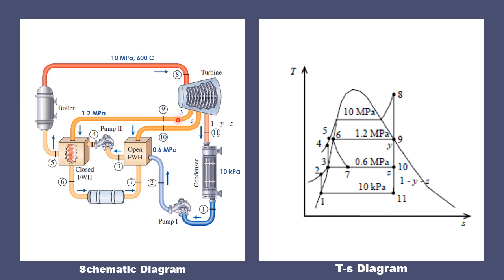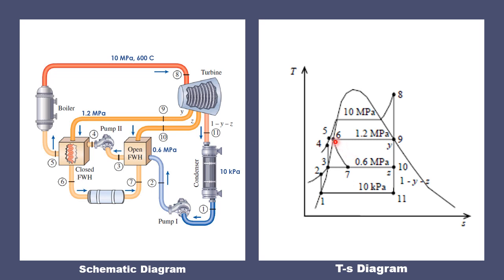And as you can see here, there is a portion of steam, which is Y, extracted and is brought to the closed feed water heater without mixing, because this is a closed feed water heater. So it will just exit the closed feed water heater at point 6 as a saturated liquid.